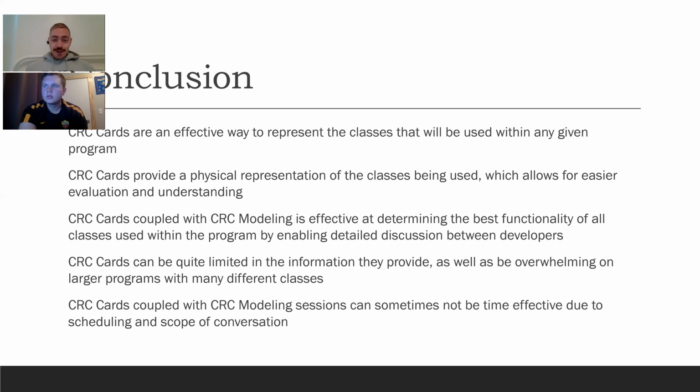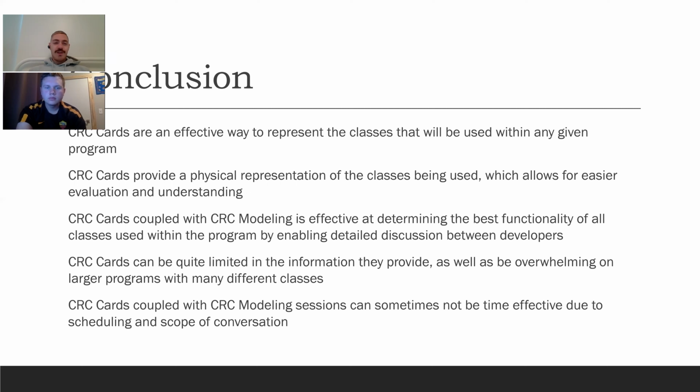And yeah, in conclusion, CRC cards are fairly useful for their physical nature, and they can be distributed easily amongst people. And they're easy to understand. They're not very complex. And it's good. It's easier to determine some good functionalities for classes with these cards, as well as determining some of the base level collaborators that they will have in the classes they will inherit from.